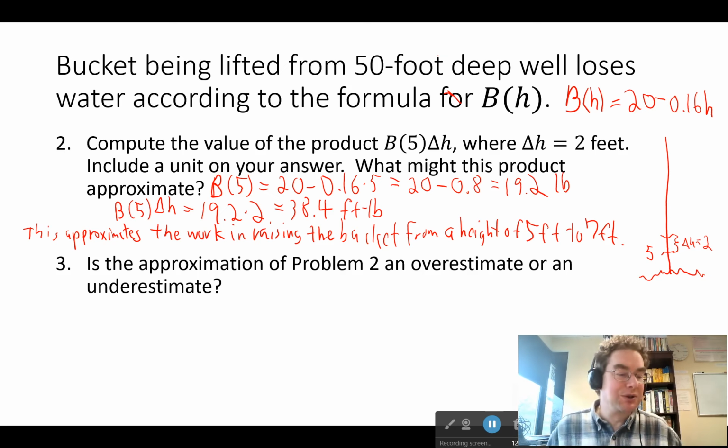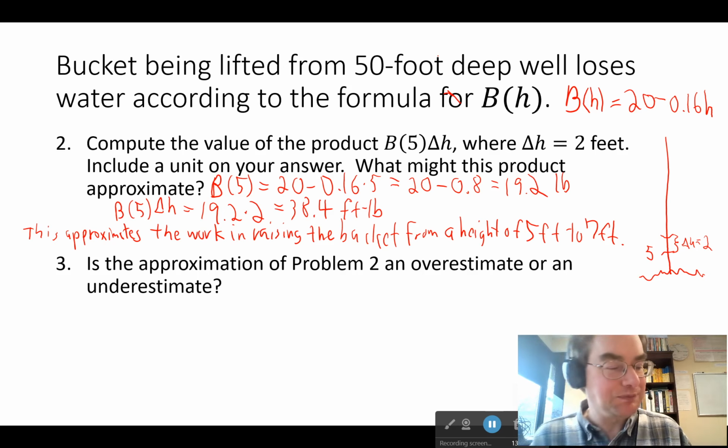As the bucket goes through its journey from a height of 5 feet to a height of 7 feet, it's going to continue losing water, so that its weight will be less during this journey than the 19.2 pounds we have presumed. So that means that the work that we computed is going to be an overestimate or an underestimate. Think about it.